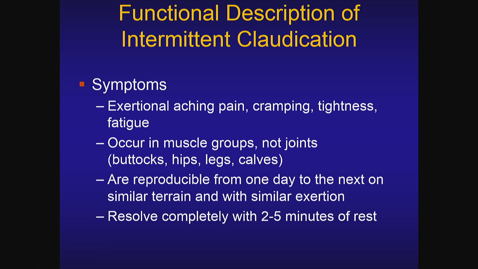Most commonly, this is discomfort which involves the calf muscle, the primary muscle group involved in walking. But depending on the level of disease, it can occur in other muscle groups such as buttocks, hips, and even thighs. It is important to note that peripheral artery disease should not involve joints, and joint discomfort is not a manifestation of peripheral artery disease.